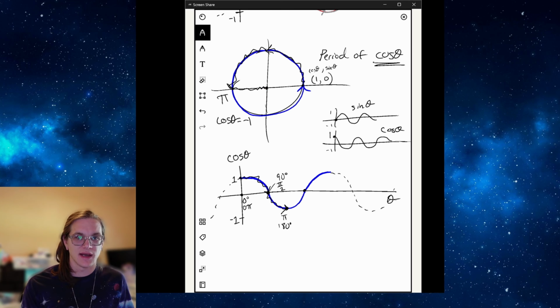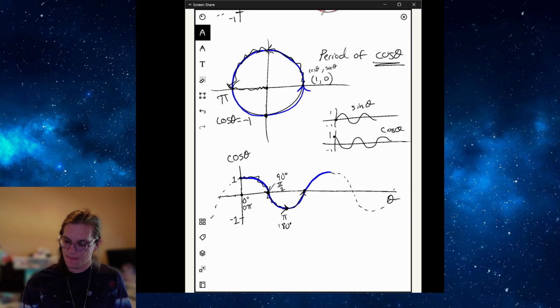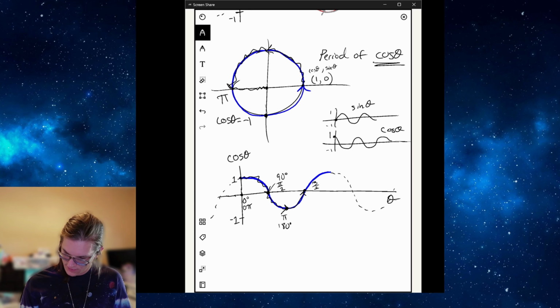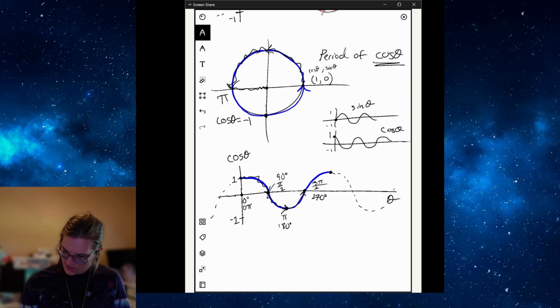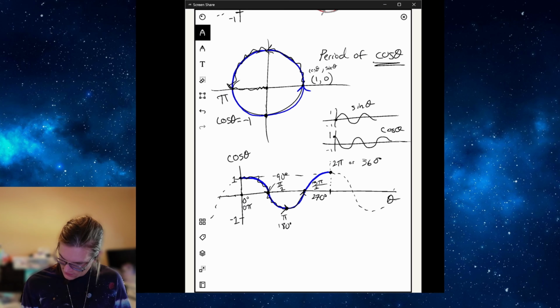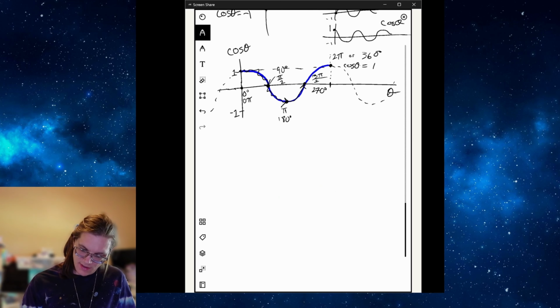The x comes back, and at this point we can say x is 0 again, at 3 pi over 2. Then we get all the way here, which is 2 pi, or 360 degrees, and cosine is 1 again. There it is right there.